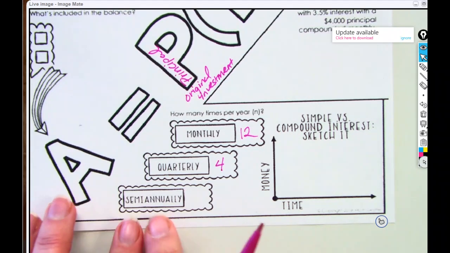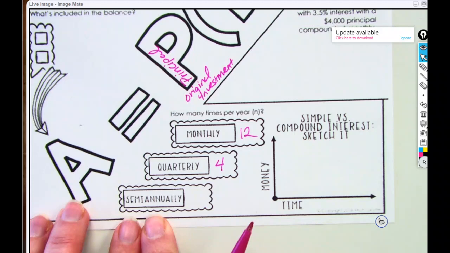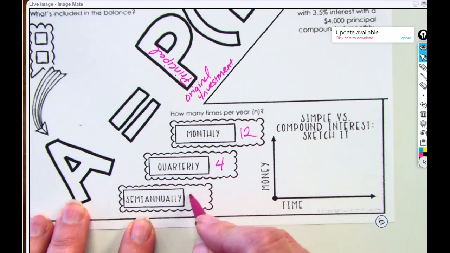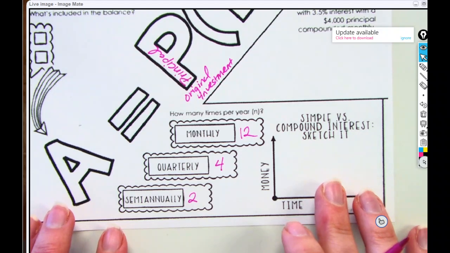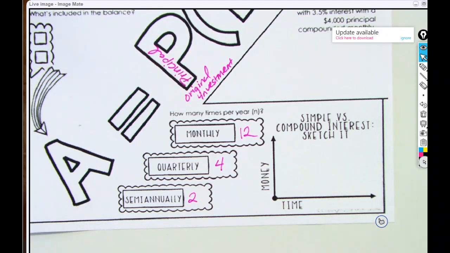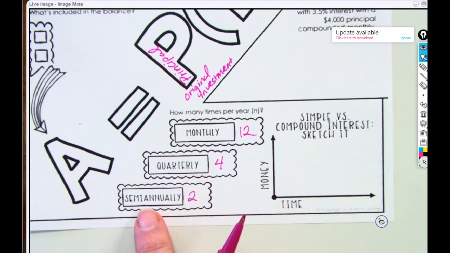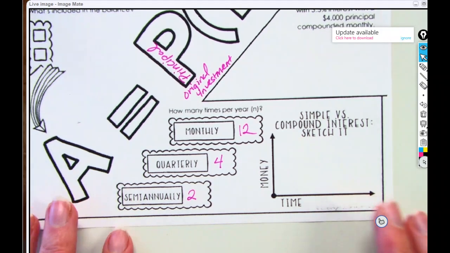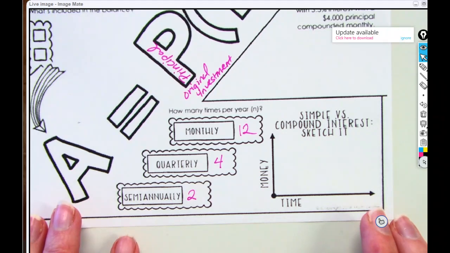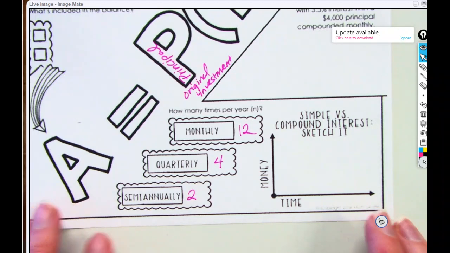Semi-annually? 2. Weekly? 52. What if it was biannually? Semi-annually is 2 times a year. Biannually would be every other year, every 2 years, so it'd be half.